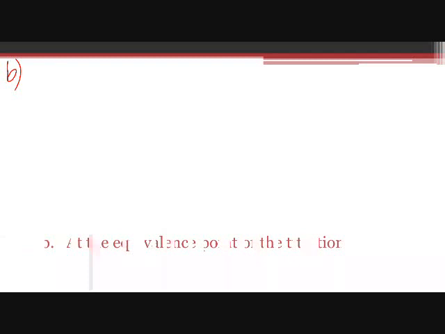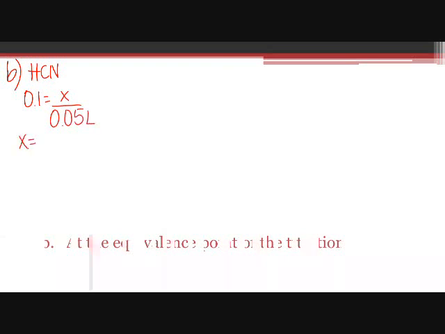So we need to know how many moles we are dealing with for the acid. So for the acid, we know that we started with a 0.1 molar solution, and it was 50 milliliters, so that would be 0.05 liters, okay?